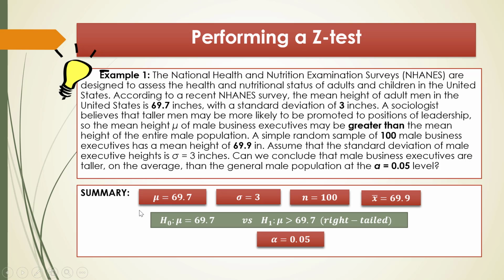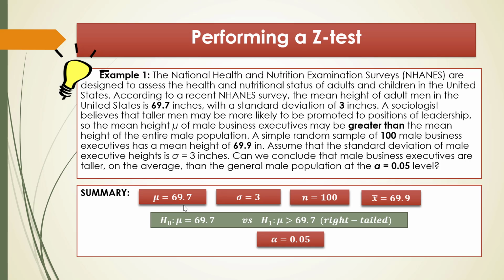And for the null hypothesis, we have mu is equal to 69.7. And actually 69.7 is the published mean from the old survey.